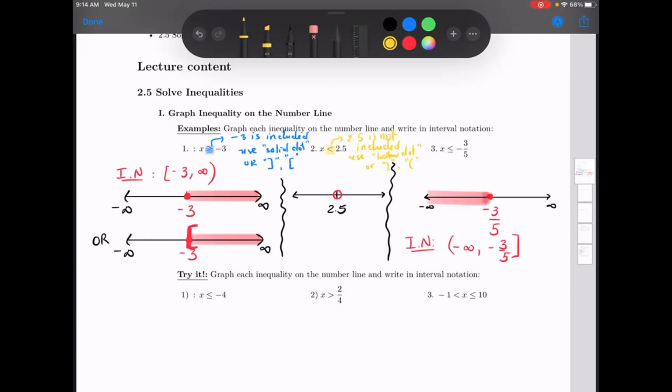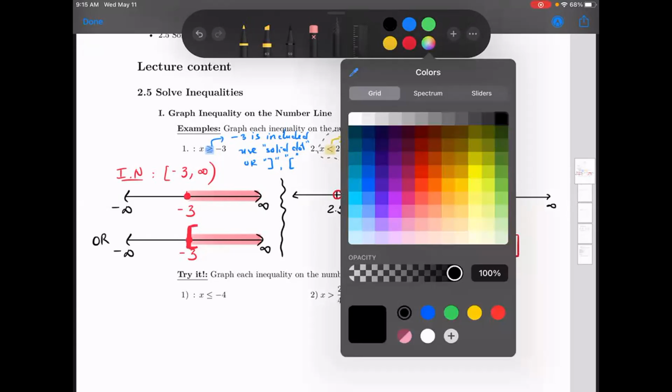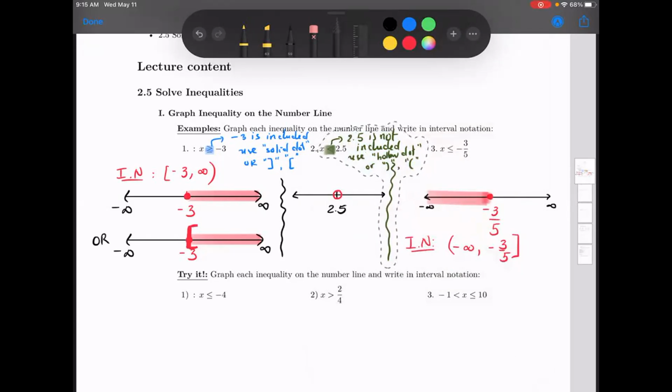So maybe I'll make a different color. Bad choice. There you go. Yeah, better. All right, 2.5. So everything up to 2.5, right? You don't want to highlight the 2.5. It's not included. Go up to 2.49999, right?